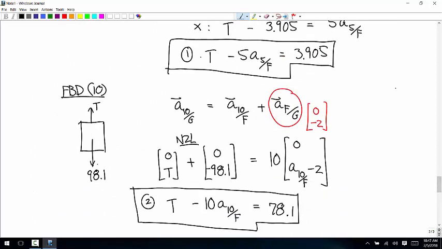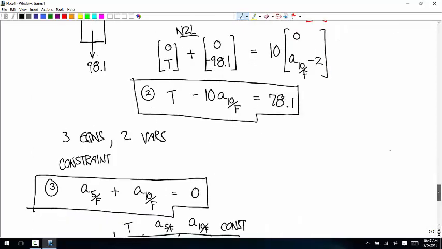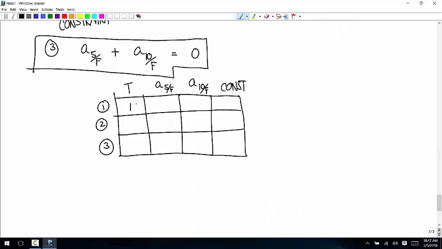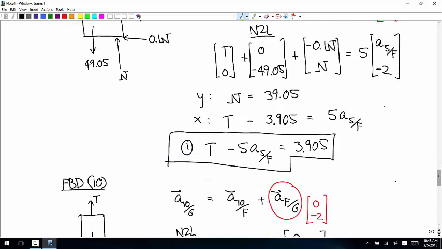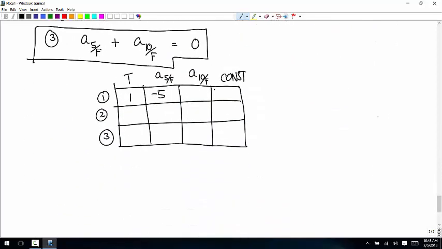So from equation 1, we had 1T minus 5 times A5 relative to the floor, and then the constant is 3.905.